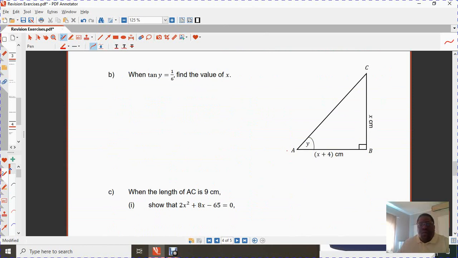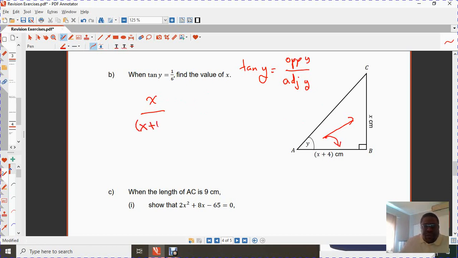Right, then they're saying when tangent of y is 1 over 6. Now, we also know that tangent of any angle y is whatever is opposite that angle y, which means our opposite is x, divided by whatever is adjacent to that angle y, and the adjacent is nothing but, put it in brackets, x plus 4, and we know that it should equal 1 over 6.